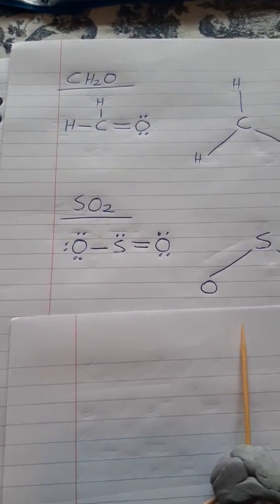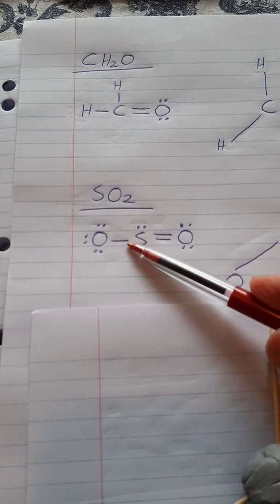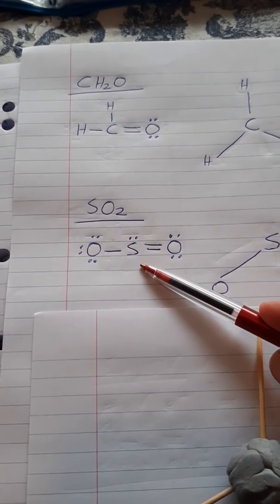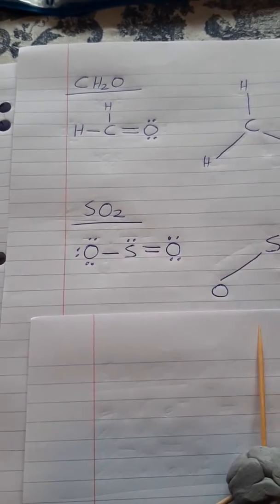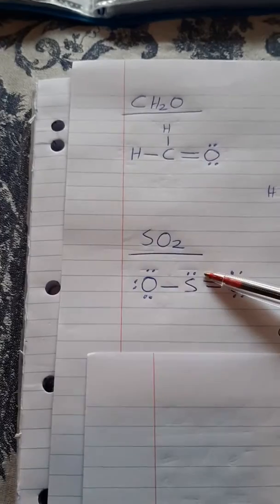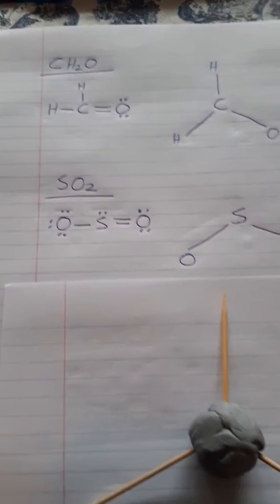Another one, sulfur dioxide. The central sulfur atom has 1, 2, 3 regions of electron density around it, and only 2 of those are bonded. This one here is a lone pair. It is not bonded to another atom.